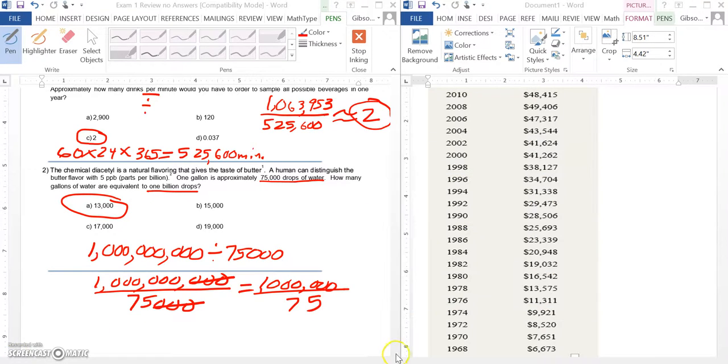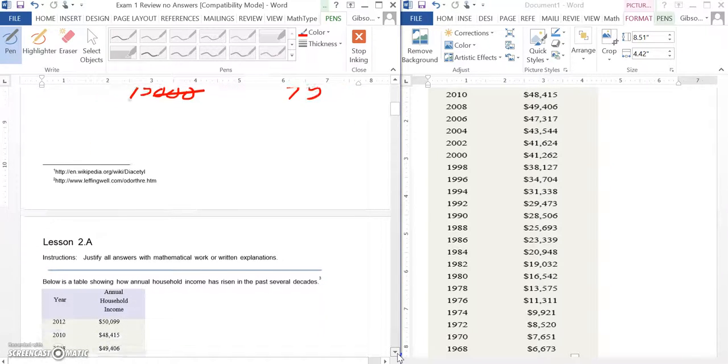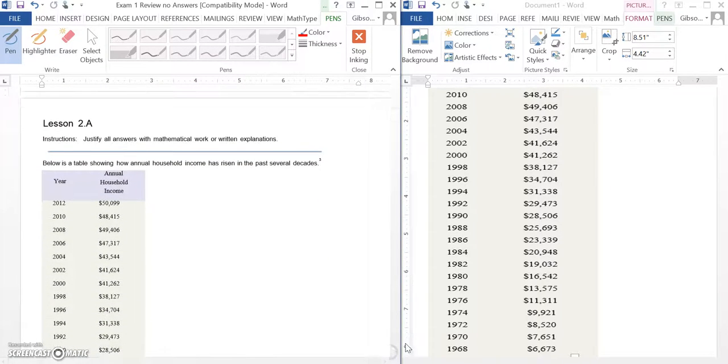Now we're going to move along to lesson 2A. It says instructions, justify all answers with mathematical work or written explanations. Below is a table showing how annual household income has risen in the past several decades. I have that same chart here.